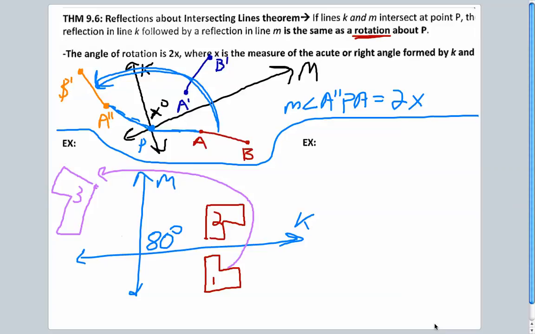The answer is that from 1 to 3, the rotation is 160 degrees. It's twice the angle between the lines. And that's all it says.